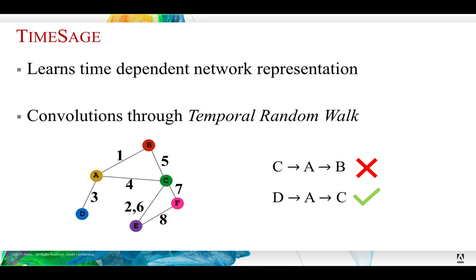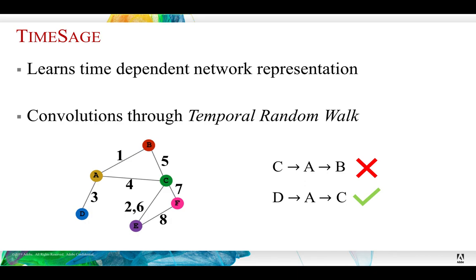A valid temporal walk captures how the network evolves locally in time via ordered timestamps, which is why if you look at the path D, A and C, this forms a valid temporal walk.